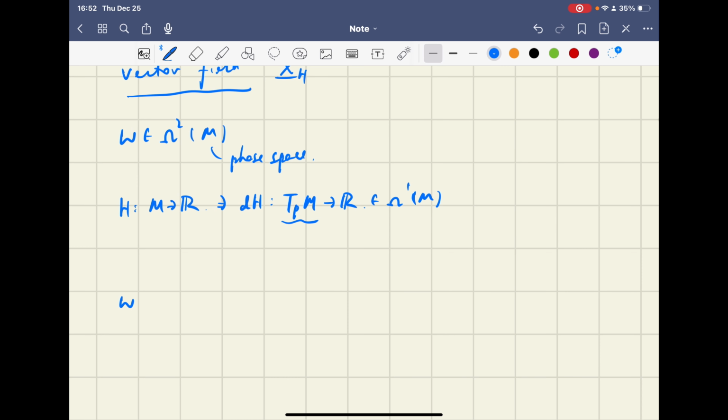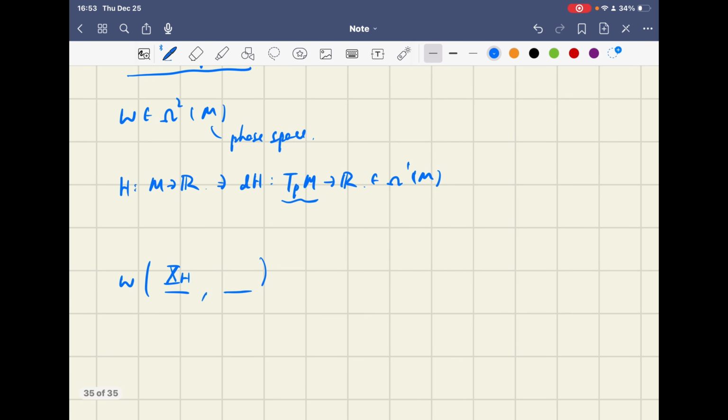Since the two-form omega requires two parameters, let's fix one of them as XH. Like I just mentioned, XH are all tangent vectors, so it could be one of the parameters, and we fix it, leaving the other parameter free.